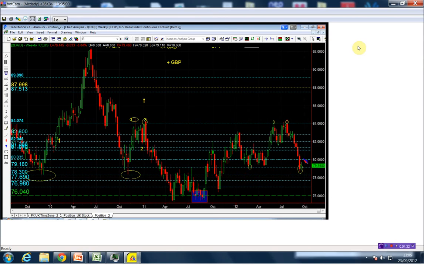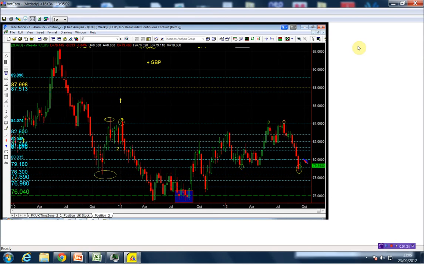You know that a week or two ago we had the easing that started with the Federal Reserve Bank, with the extra liquidity they're bringing into the market, and you can see that the dollar has sold off. That's the week before last, right after the FOMC made the announcement.